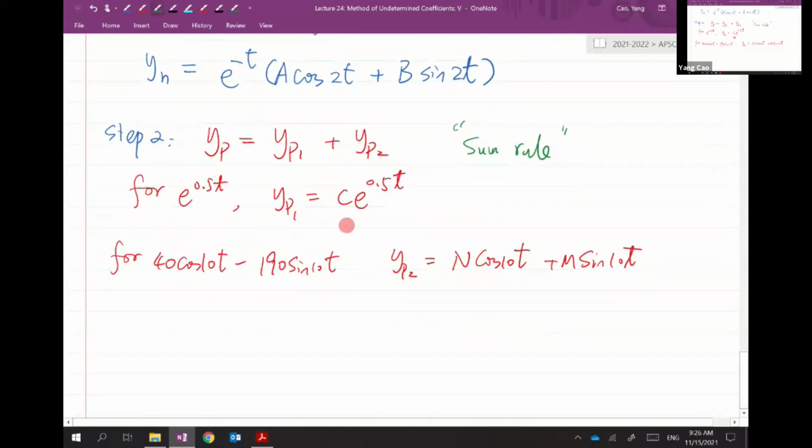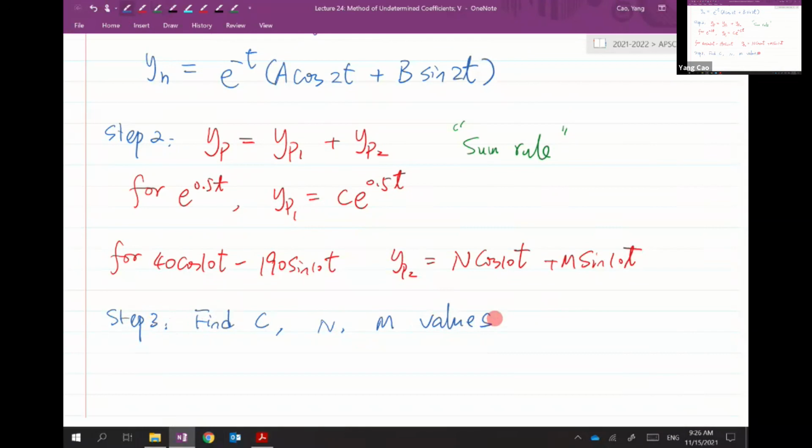All right. So once you get this step here, the next step is to find this C and N and M values. So find the three unknown constants. Okay. So when you try to find the C, N and M, this is where the approach can slightly differ. Some people will use YP together.